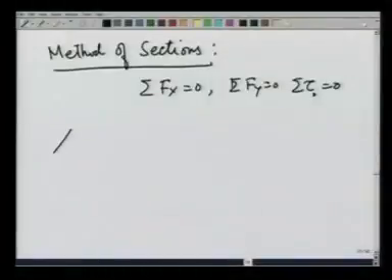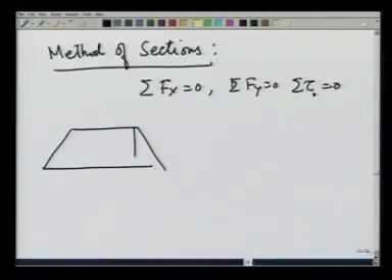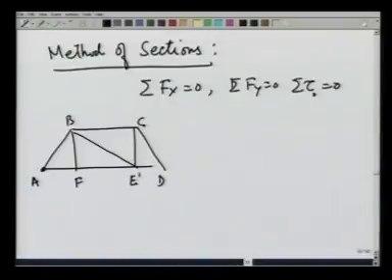Let me illustrate this method again by the same truss that we have solved so far. A, B, C, D, E and F, and here is a load of 5000 newtons. Suppose I want to now get the forces in members BC, BE and FE.